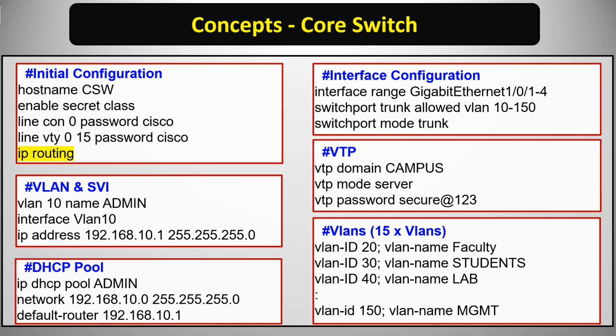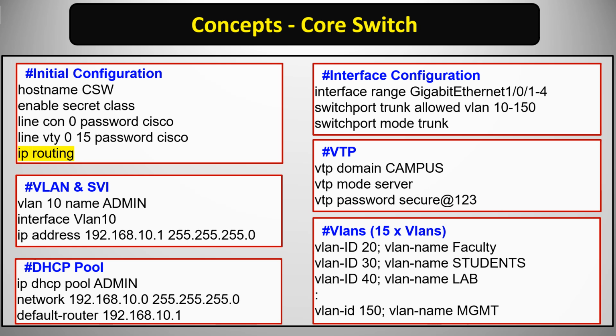Then we define the DHCP pool for VLAN 10. We give it the name admin and assign the network and default router. After that, the interface configuration, where all of the 4 interfaces are connected to the 4 distribution switches.